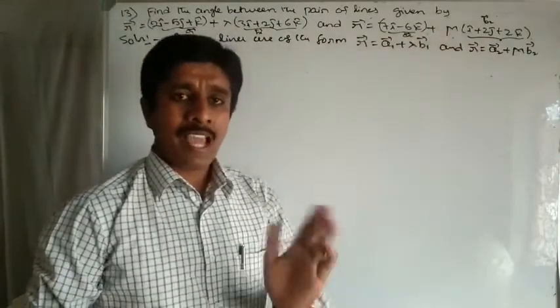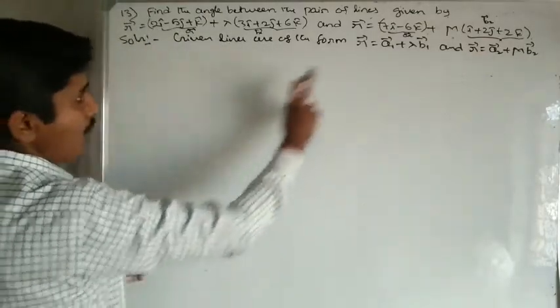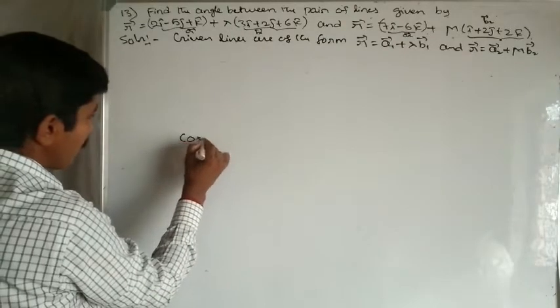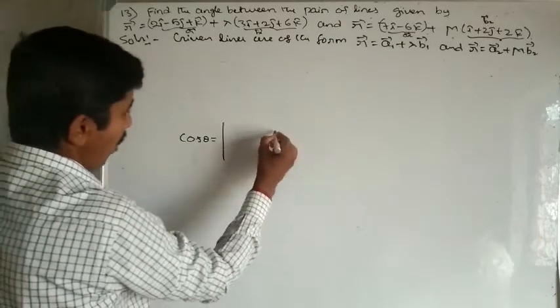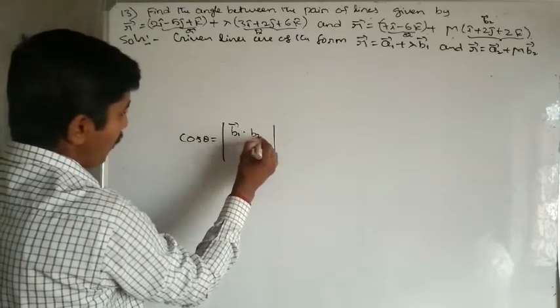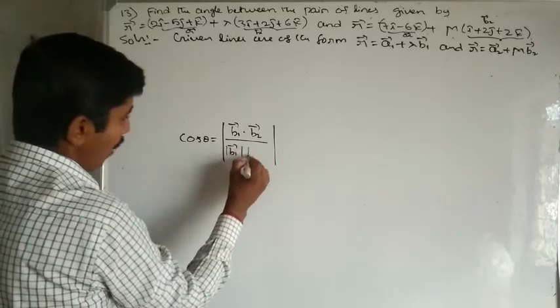You know that the angle between two lines is given by the formula: cos theta equal to the modulus of vector b1 dot vector b2 divided by magnitude of vector b1 into magnitude of vector b2.